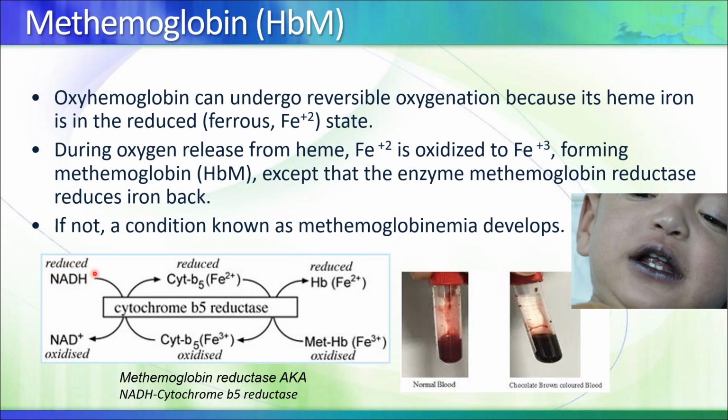Okay, and the main source of NADH is glycolysis, and we will talk about this in the next lecture. So there's a condition known as methemoglobinemia, and people with this condition would have their blood looking chocolate brown, and they have chocolate lips, okay, because of cyanosis.